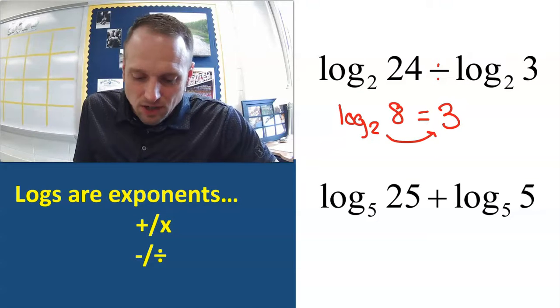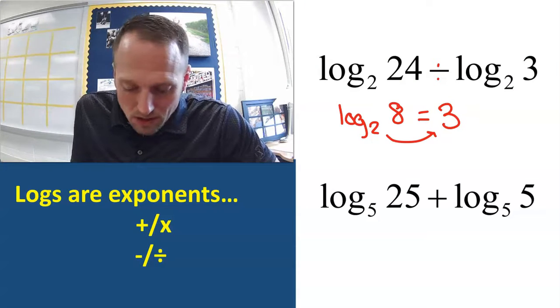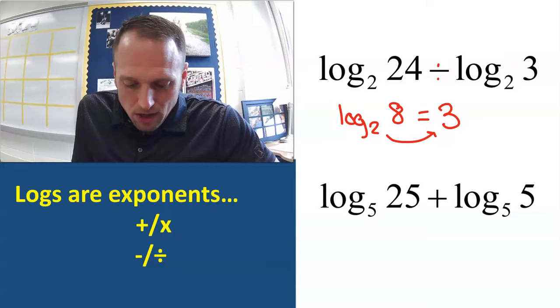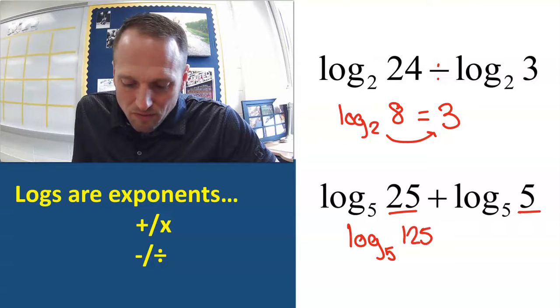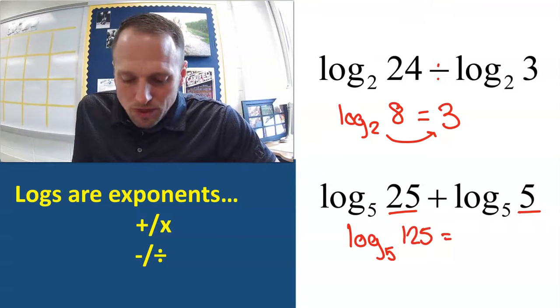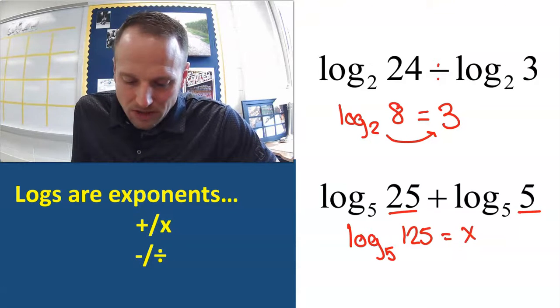All right, let's look at this next one. So the bases are the same again, so we can actually do this. Remember, addition means to multiply. So we're going to multiply the 25 times the 5. That's going to be 125. Well, what's that equal to? Again, you could do this in your calculator really quickly, but let's just say I don't know what it is.